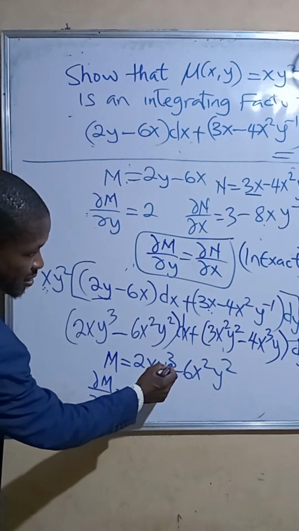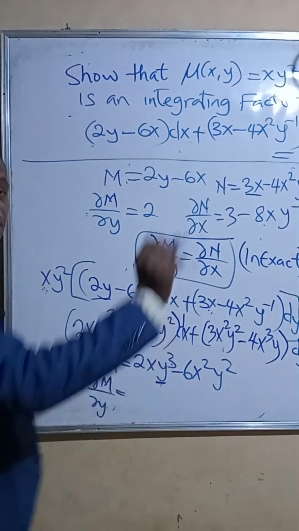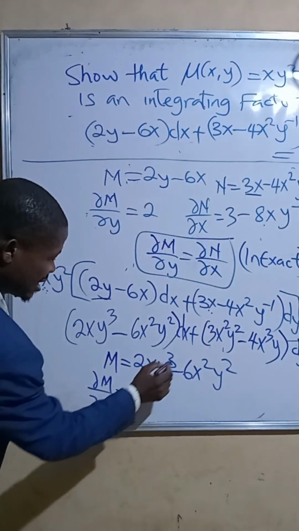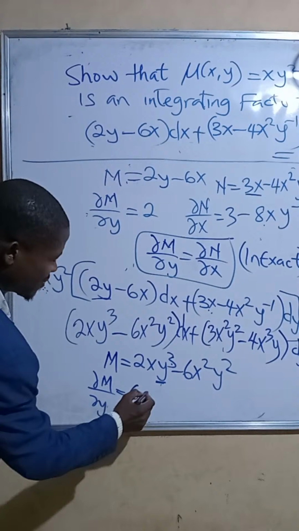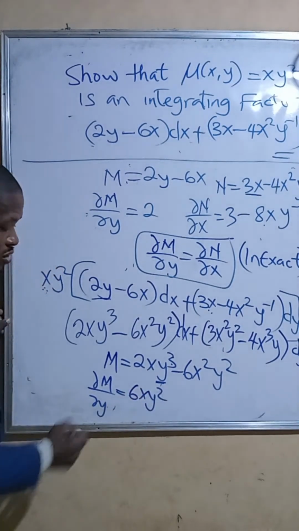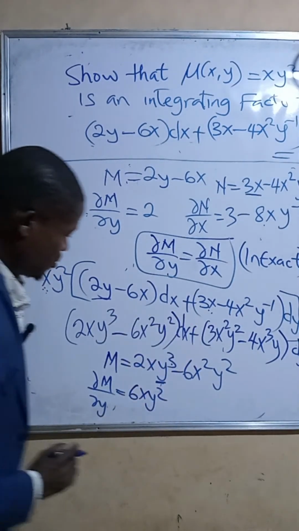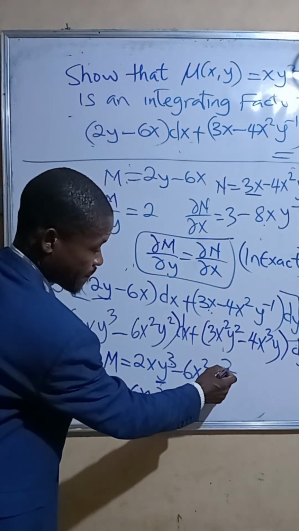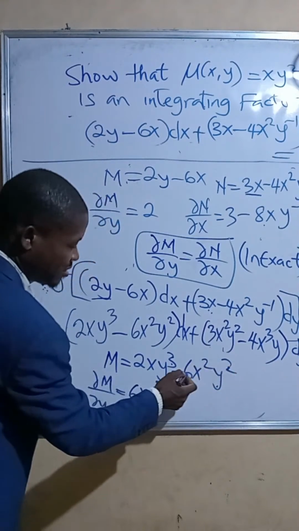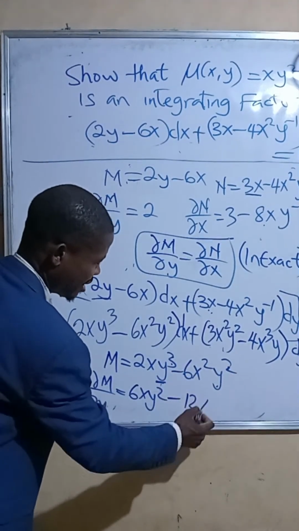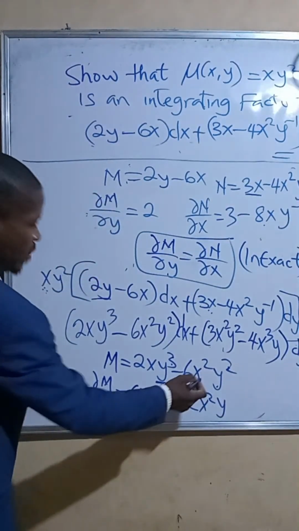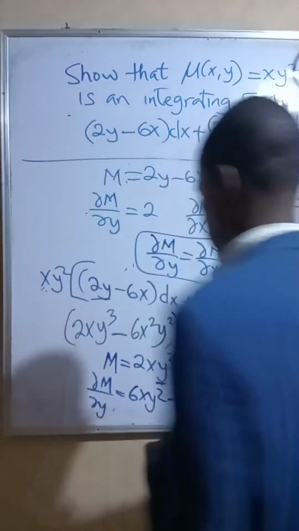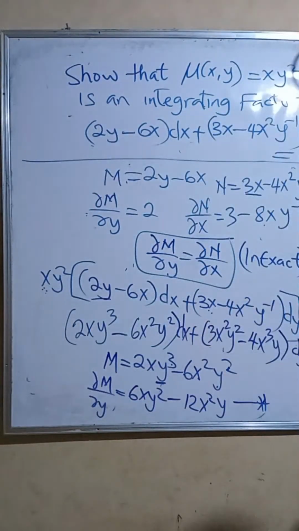You only look for where you have the y function and differentiate that partially. So that will be 3 times 2, that's 6xy squared. Your x will be kept as a constant. Then minus, with respect to this, 2 here, y to the power 2, so 2 times 6, that's 12x squared y. The x squared will also be kept as a constant. So we've done the partial differential of M with respect to y.